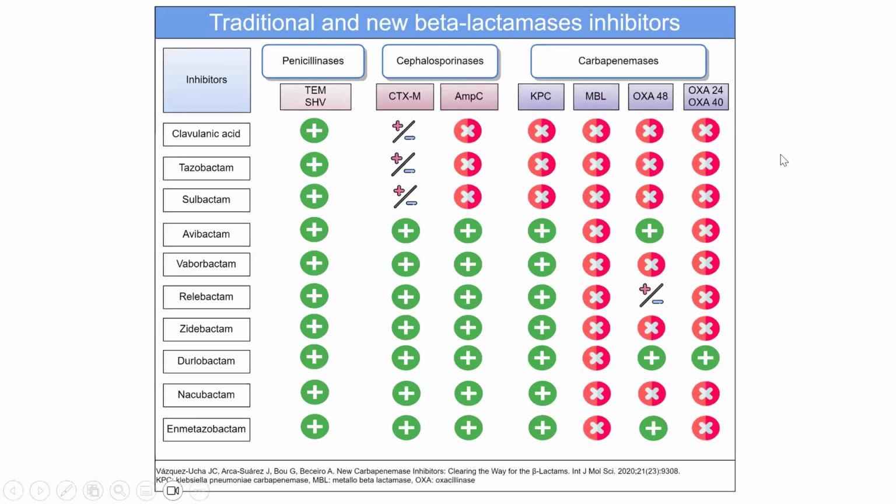If you look at the spectrum of the traditional and the new beta-lactamase inhibitors, for the traditional ones, clavulanic acid, tazobactam, and sulbactam, all of them inhibit the penicillinase enzymes.